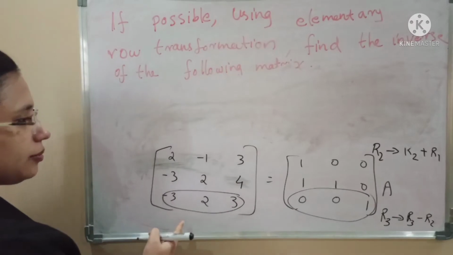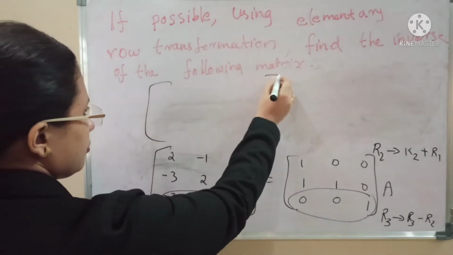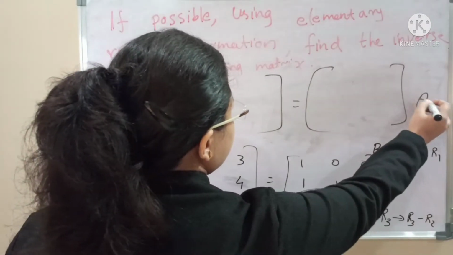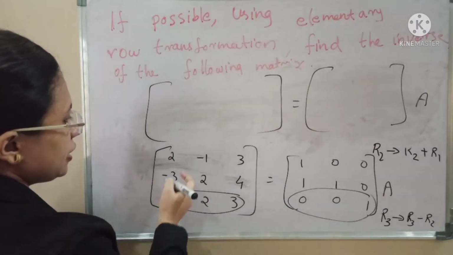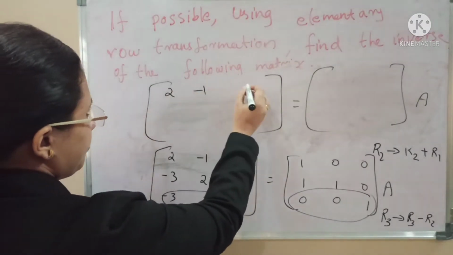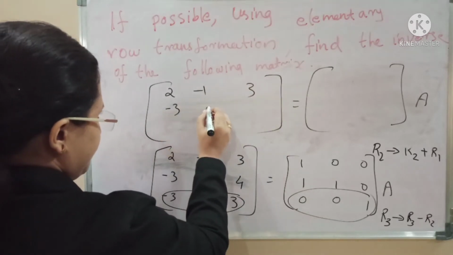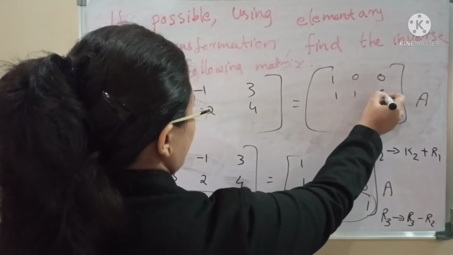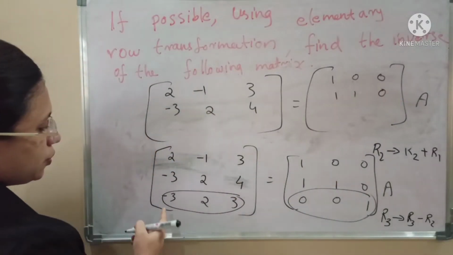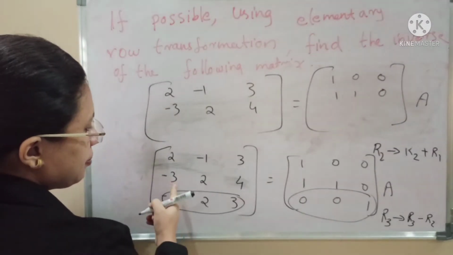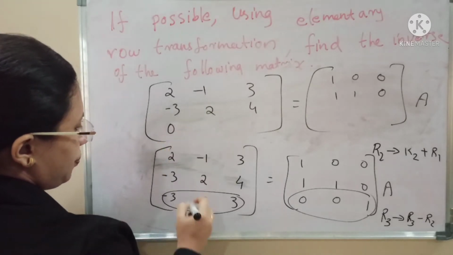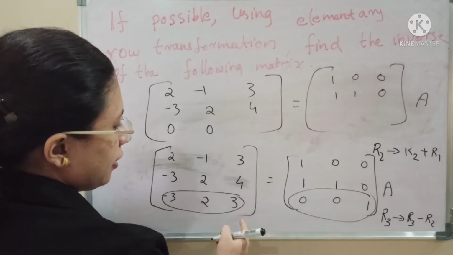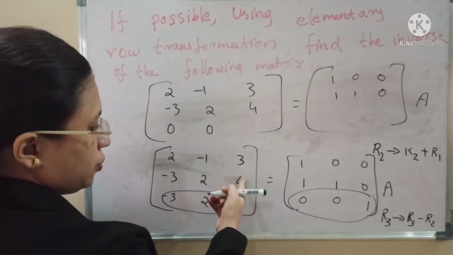The first and second rows will be the same: 1 0 0, 1 1 0. Minus 3 minus minus 3 will be 0, 2 minus 2, 0, then R3 minus R2, right?